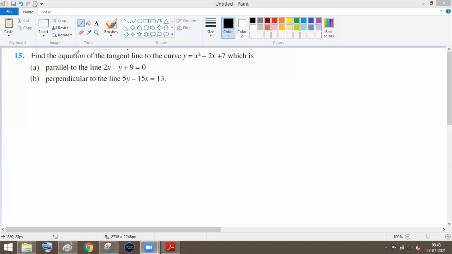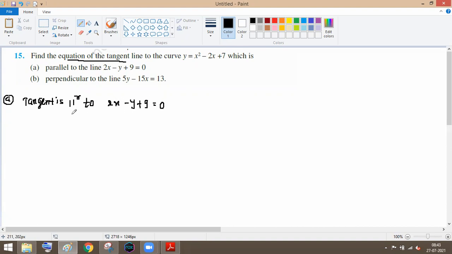Now listen very carefully. We have to find the equation of the tangent line to the curve, which is parallel to 2x minus y plus 9 equal to 0.